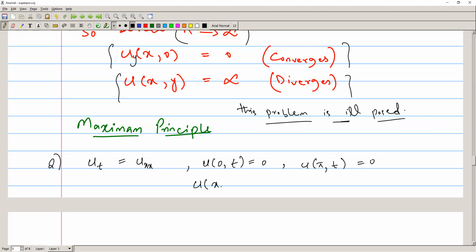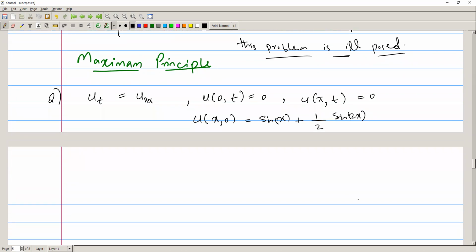Then u of x comma 0, that is the initial condition, is equal to sine x plus 1 over 2 sine 2x. And this x is between 0 and pi, right?